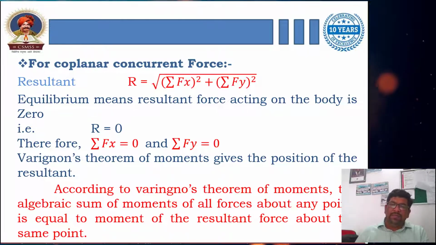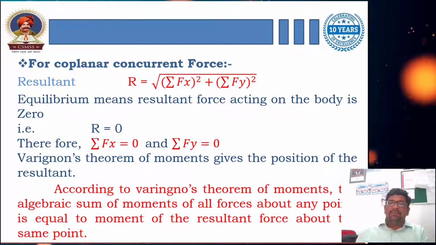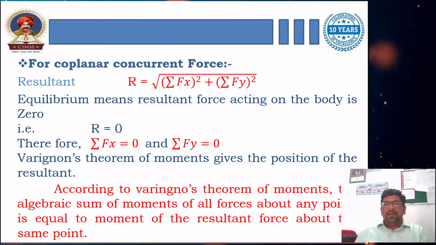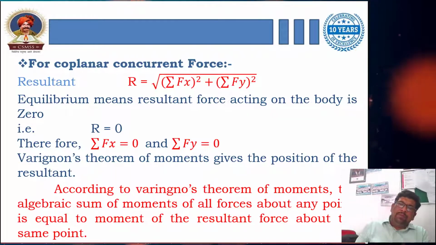As earlier in the previous chapter, we have seen that if we are taking the algebraic sum of the moments, for example, I will just make a point over here.